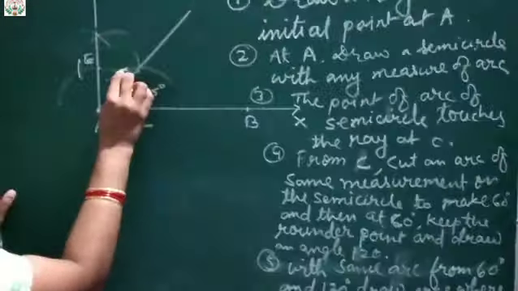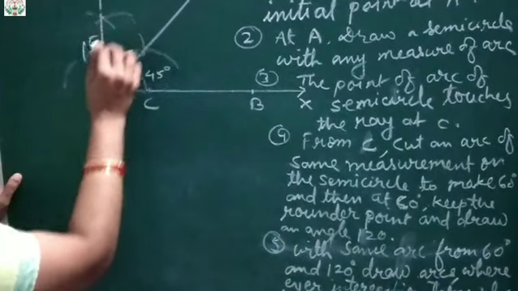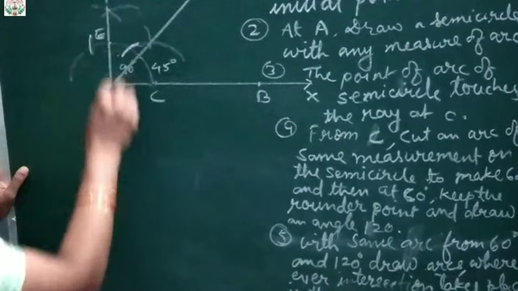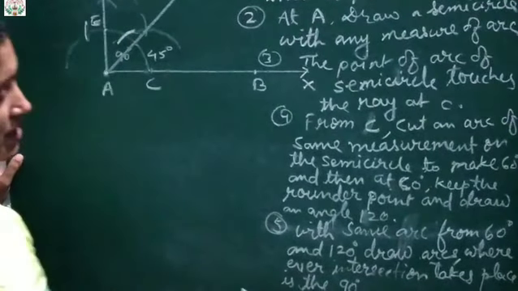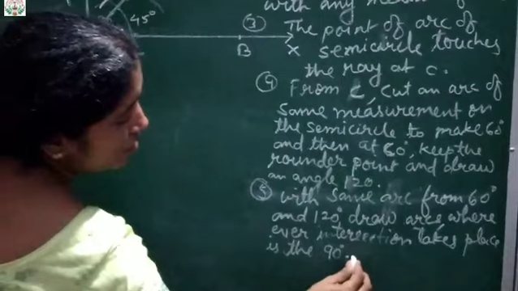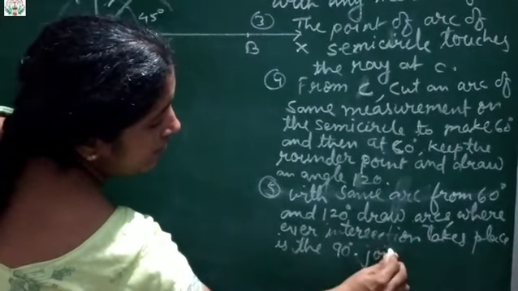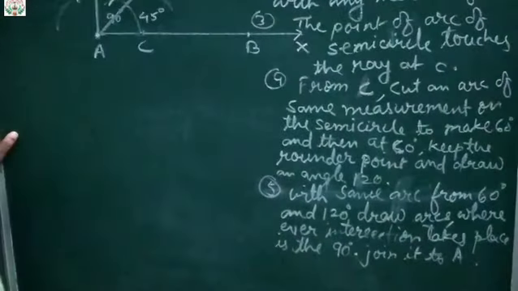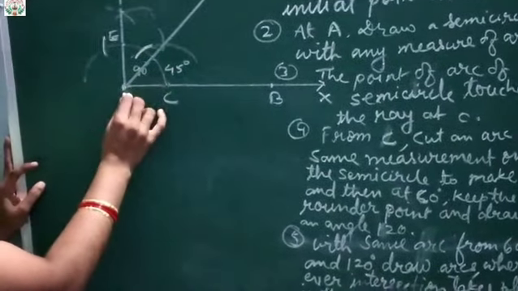That means keep this here and with the same arc draw, and from here draw. So wherever the intersection takes place, that is our 90 degree. Okay, so 90 degree, join it to A. Okay, join 90 degree we got.